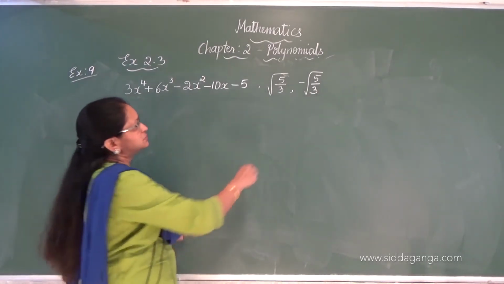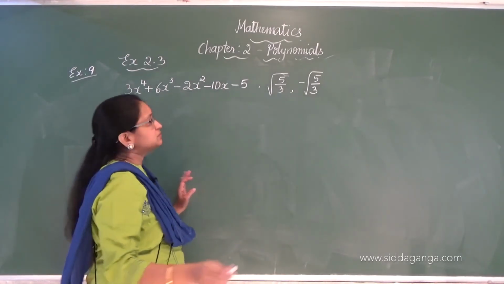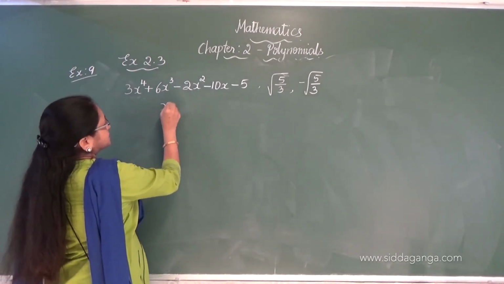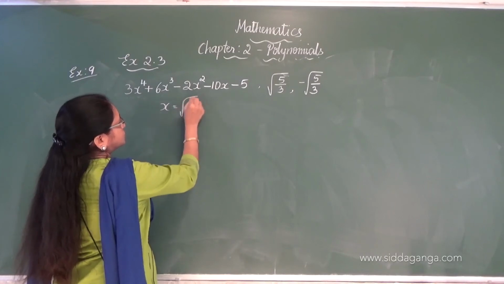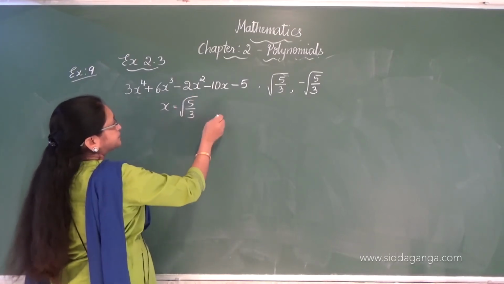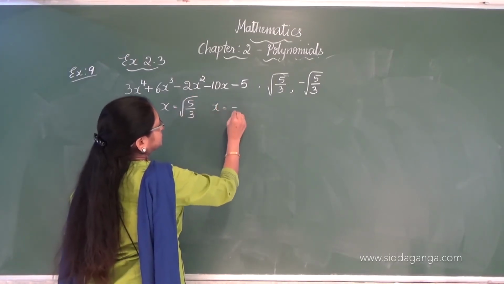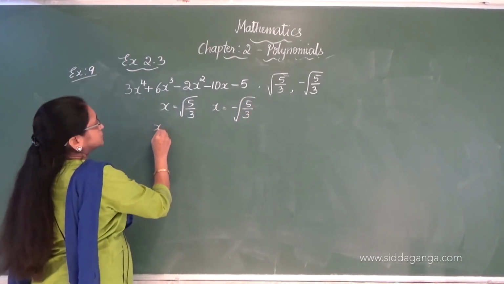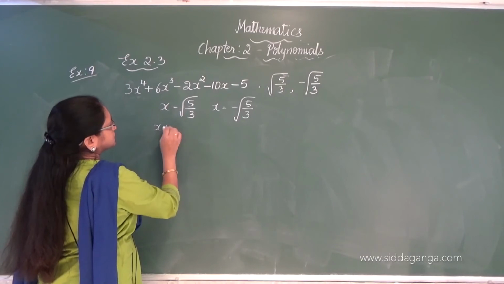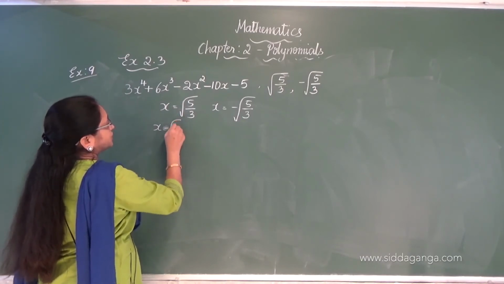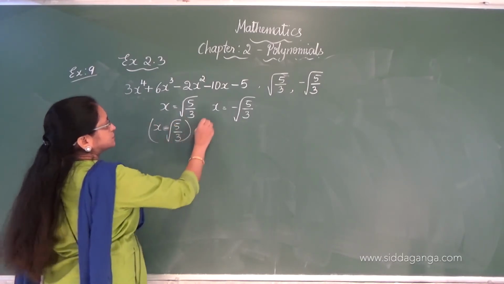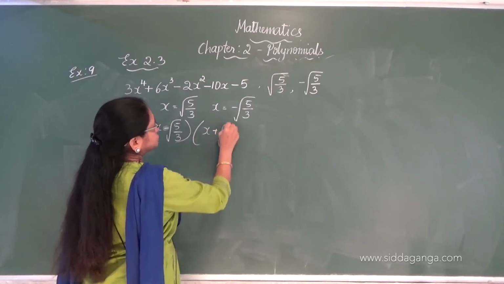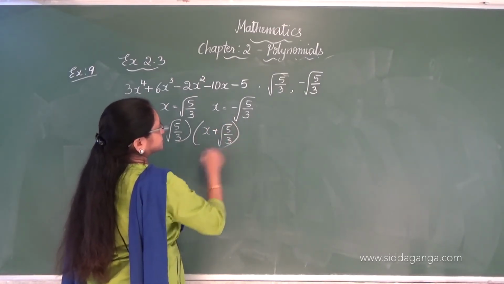Now, as in the previous problem I taught you, let us take x equal to root 5 by 3 and x equal to minus root 5 by 3. Then x minus root 5 by 3 and x plus root 5 by 3 are the factors.